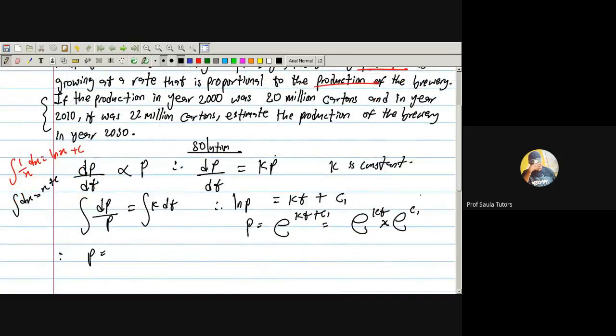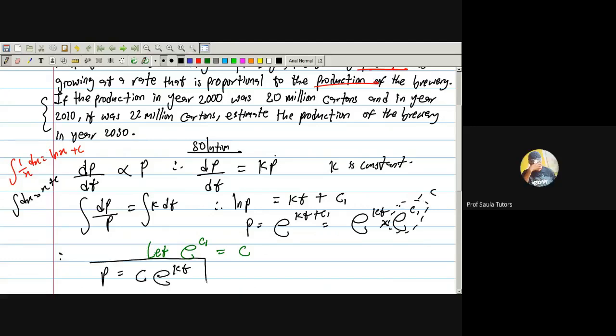I can just say, let e to the power of C1 be equal to a constant C. Therefore, my solution will now be P equals C e to the power of kt, because all the rest are constants.